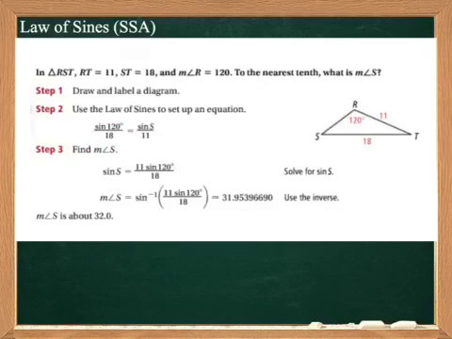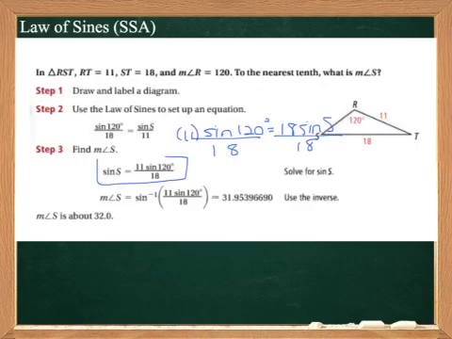So when we cross multiply, we get 11 times the sine of 120 degrees equals 18 times the sine of S. We want to divide both sides by 18 here, so that's where we get this step. But then we can't take the sine of a variable, so this is where the inverse sine comes in.